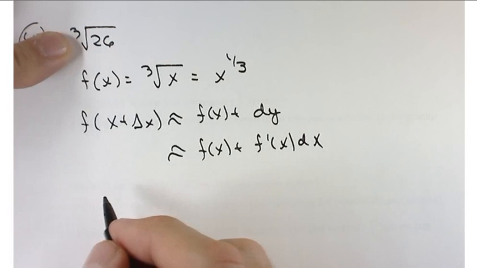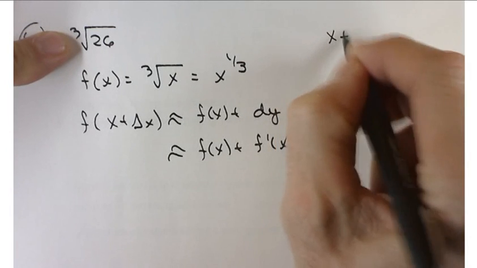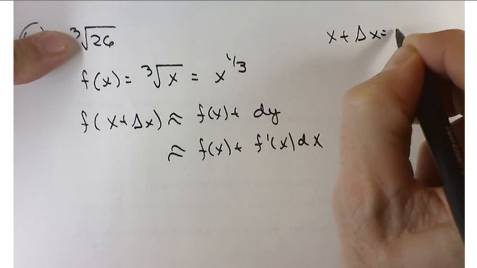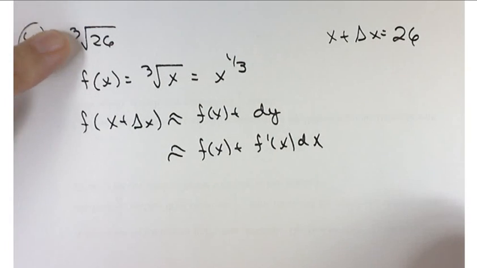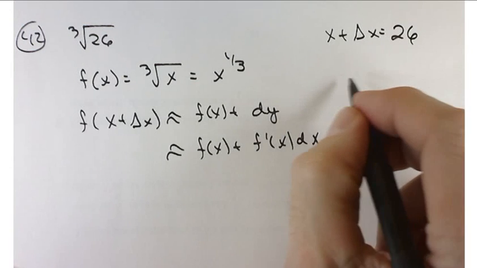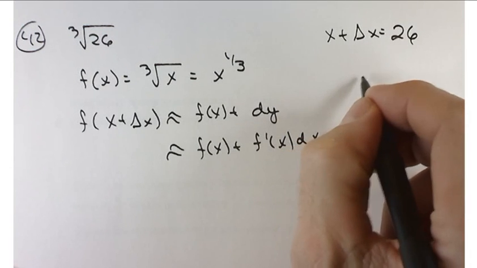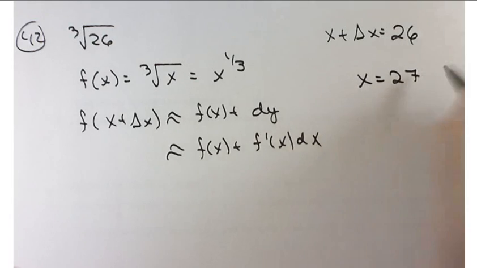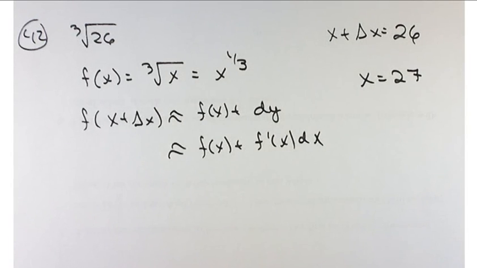Now what do I know here from this? I know that x plus delta x is 26. But you told me just a minute ago that the one that you would want to evaluate is when x equals 27. What does that mean delta x has to be? How big of a step are we making?